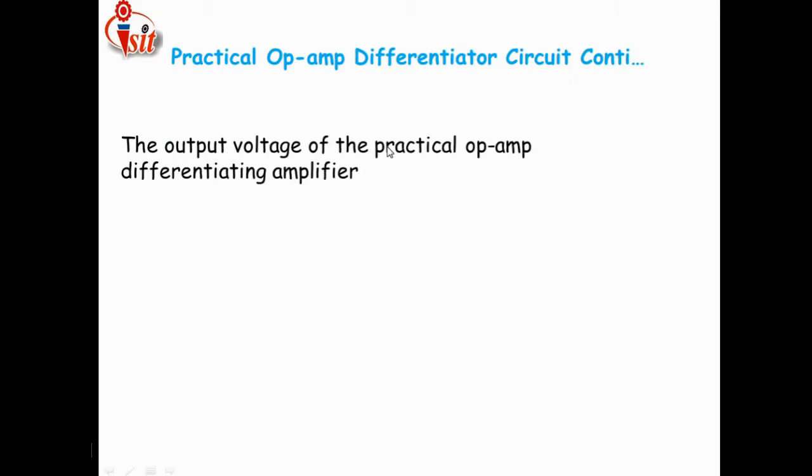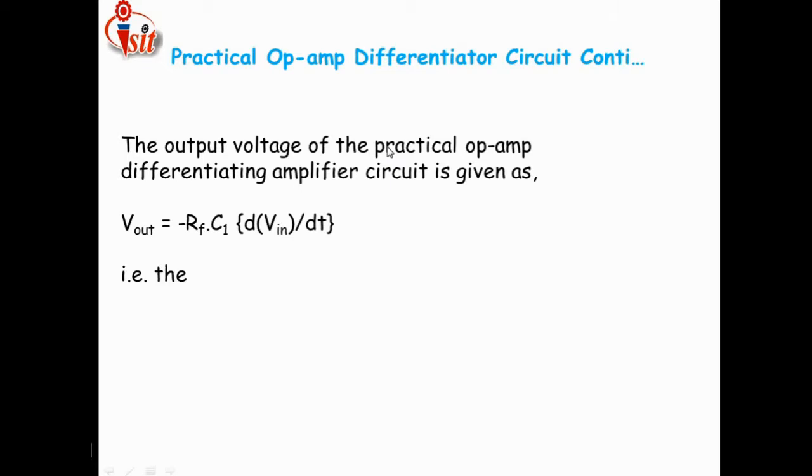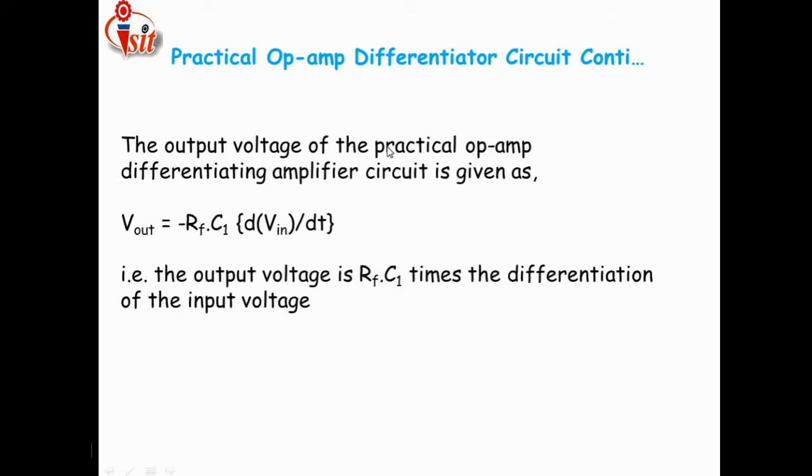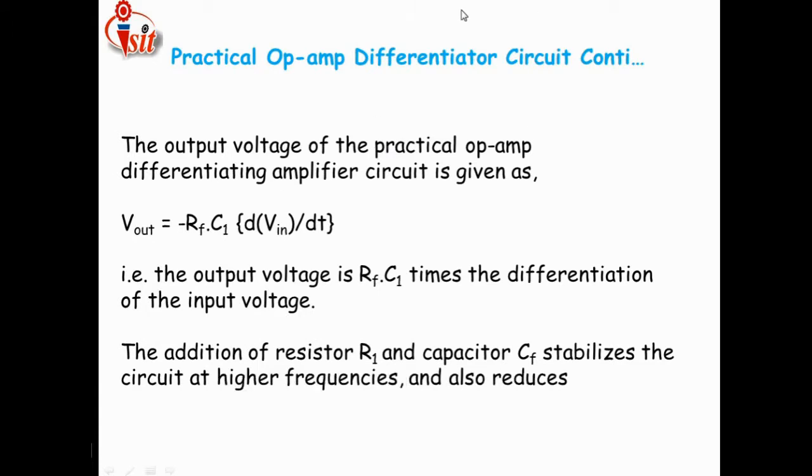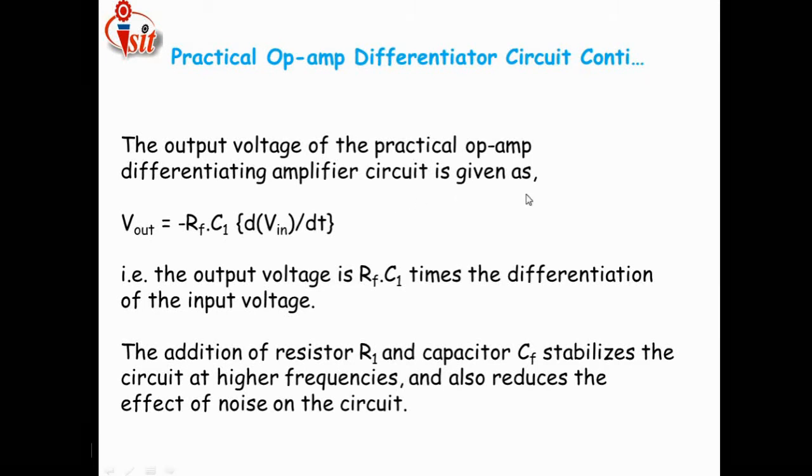And what about the changes done in that circuit? It will introduce changes in the output voltage. Just see what that equation is. The output voltage of a practical op-amp differentiating amplifier circuit is given as Vout is equal to minus RF C1 into d by dt of the input voltage.